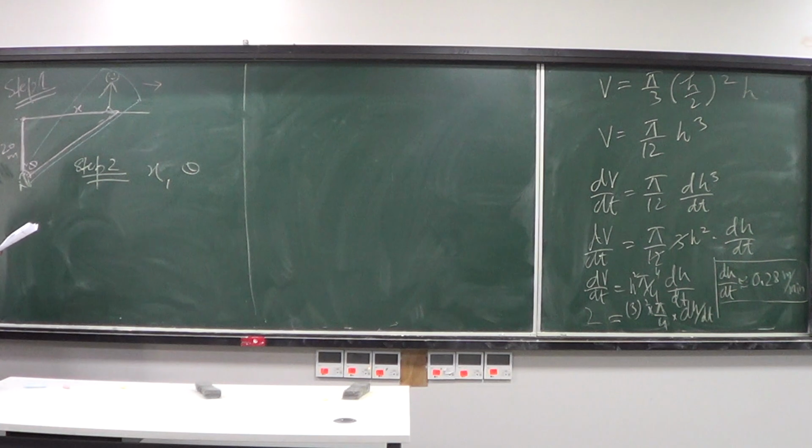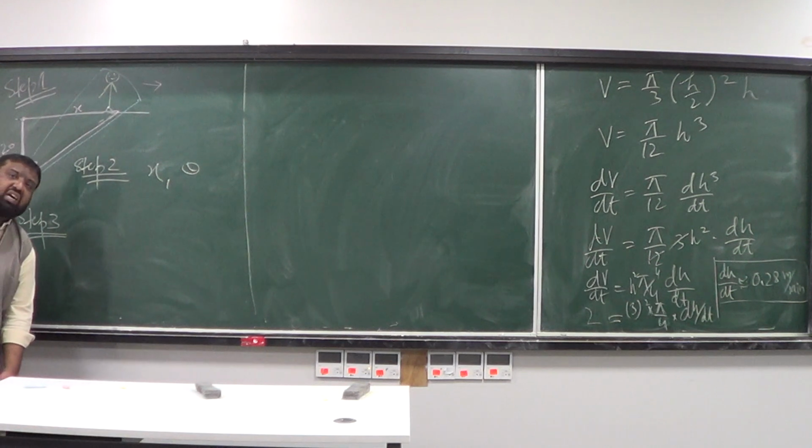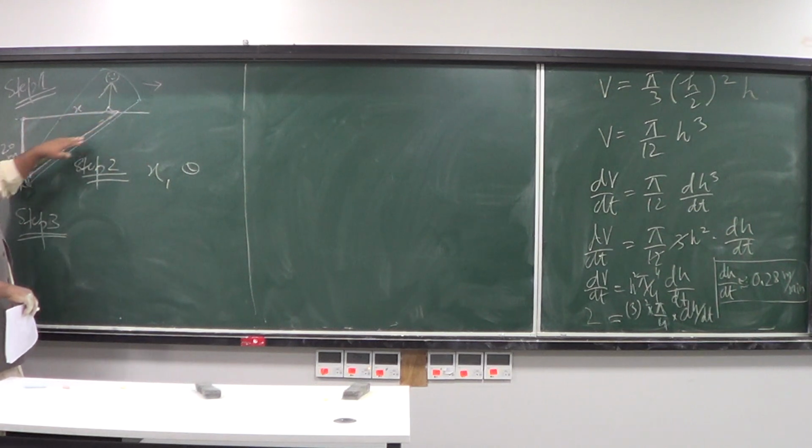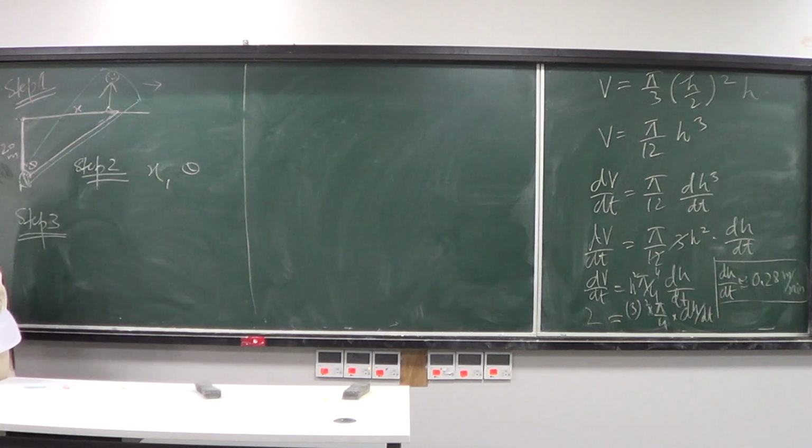The next would be step 3. Step 3 is to find a relationship between x and theta. How can I find a relationship between x and theta? The relationship can be found by assuming this pink thing as a triangle. So it's a right angle triangle.